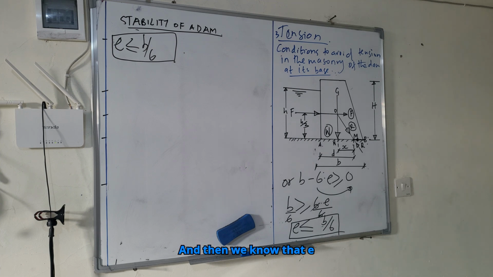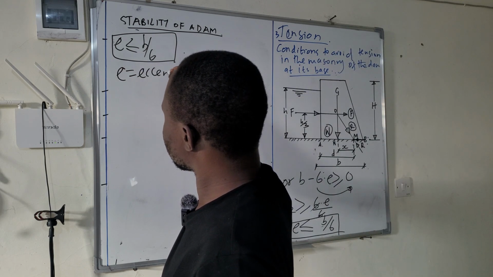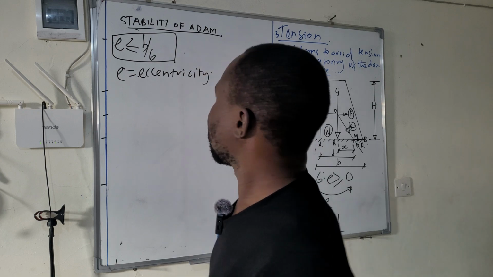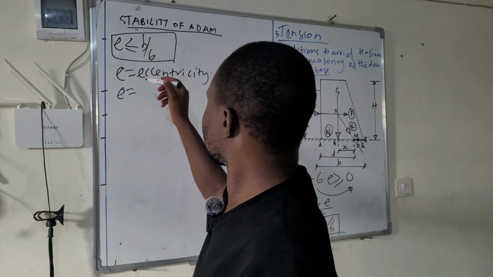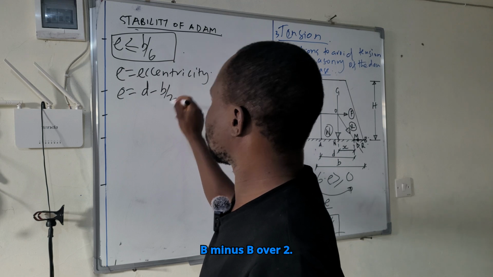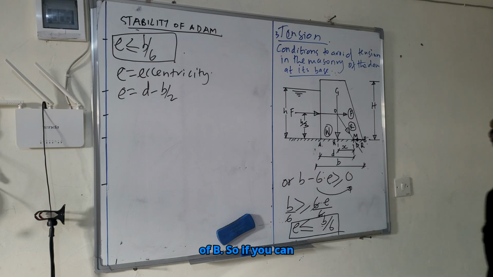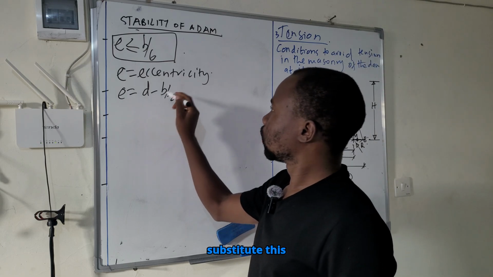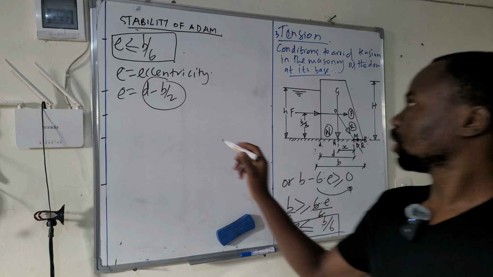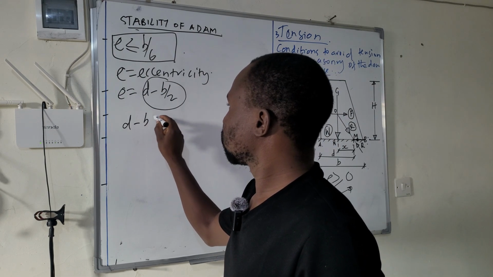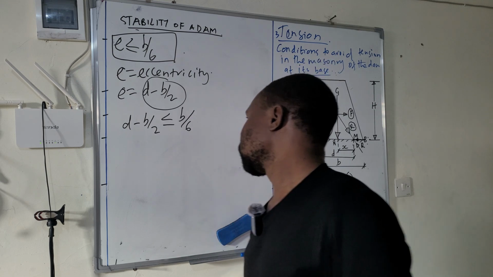And then we know that E is equal to eccentricity, and eccentricity is given by D minus B over 2, so D minus a half of B. So if you substitute this in this formula, we'll end up having D minus B over 2 is less or equal to B over 6.